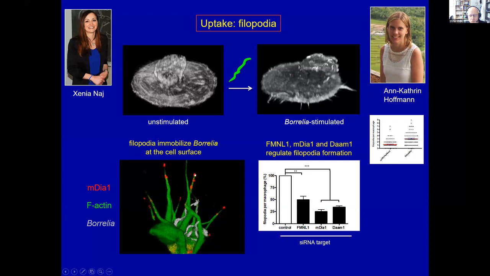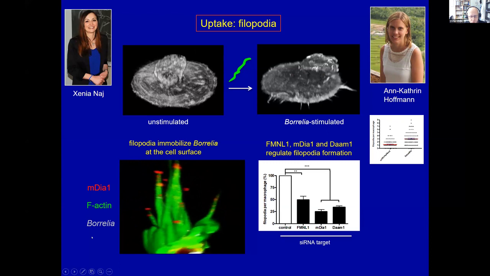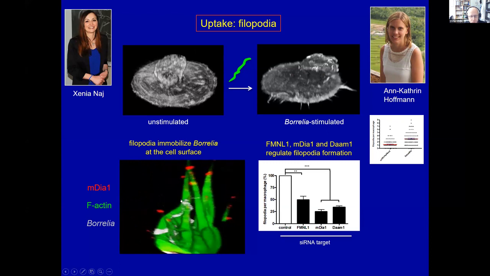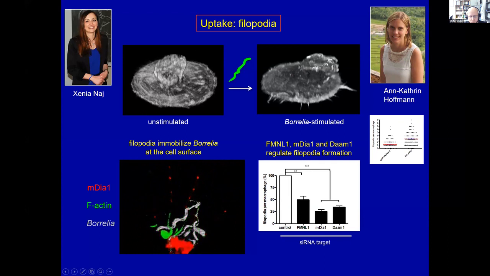And one of these formins, mDia1, is in red, and you see that this is very much at the tips of these filopodia. This is a 3D reconstruction, and you see that the Borrelia are really encaged by these filopodia. And if you play with the fluorescence intensity, you see that the mDia1 really sits at the top of these filaments. So it's probably one of those formins that sits on the top of actin filaments where it also drives the nucleation.